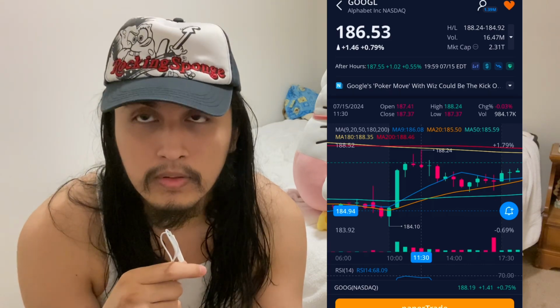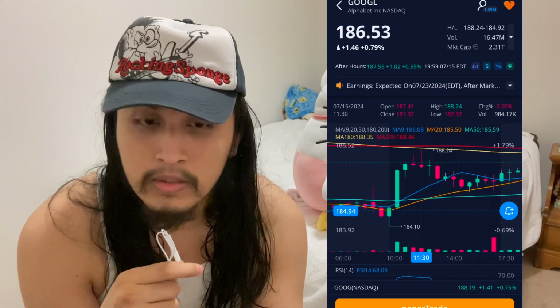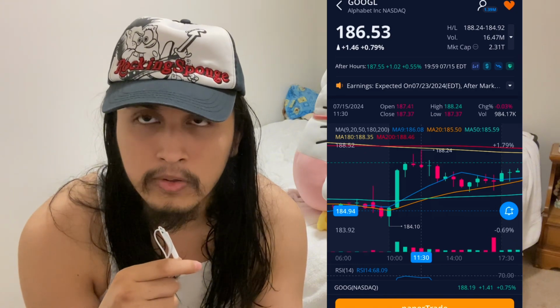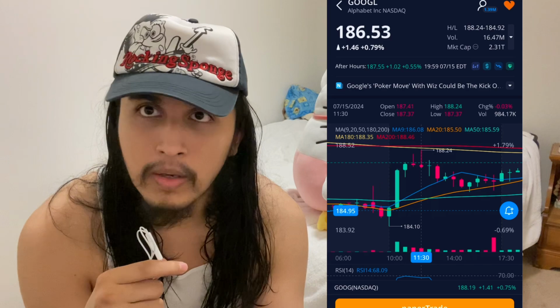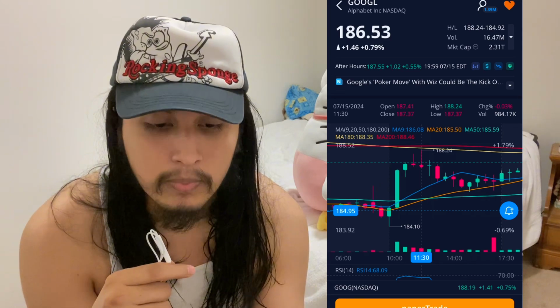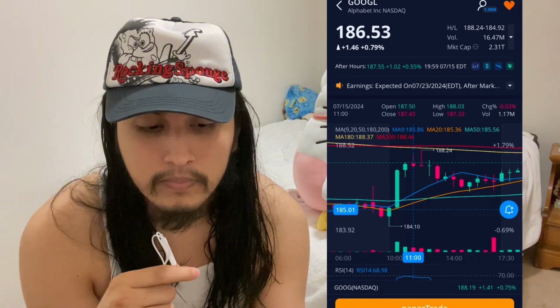And so I bought puts and I waited to see if Google would touch the 180-day moving average. Unfortunately, that didn't happen, but due to me buying puts at the previous high of 188.03, I was okay.